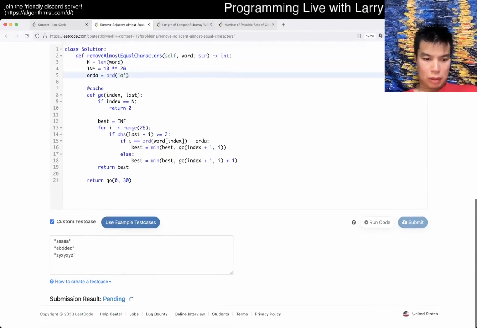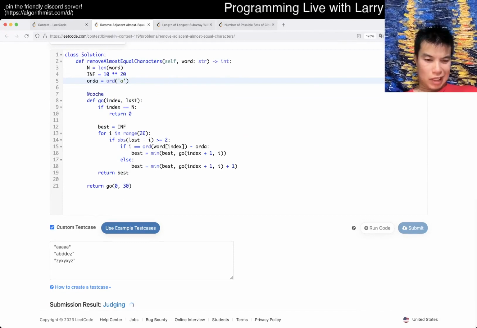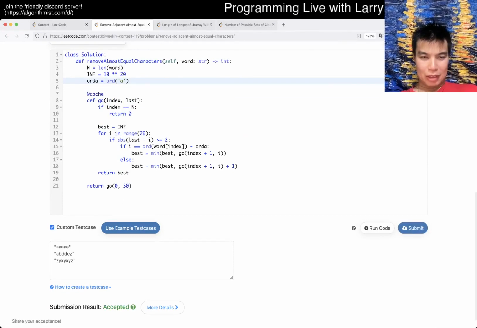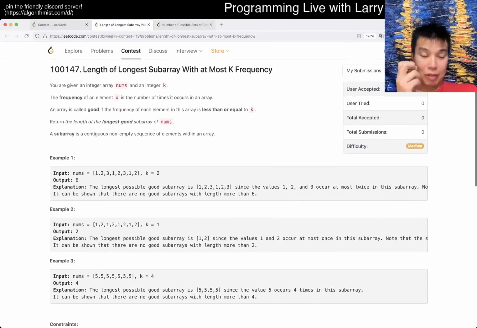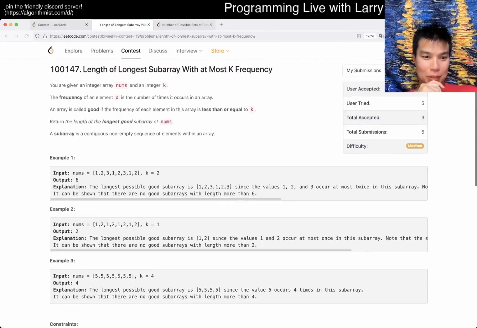Okay, fine. If it times out, that'll be sad. Okay. It shouldn't be, but with Leetcode, I almost never know anymore.